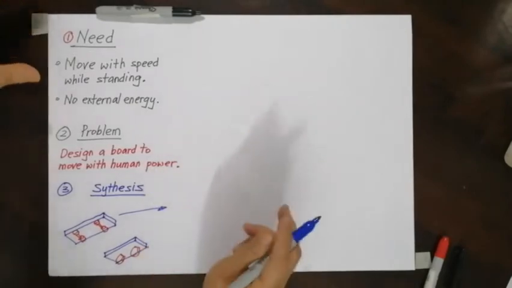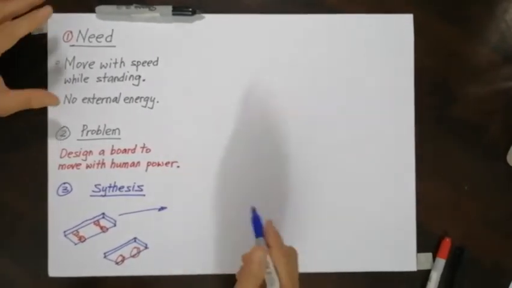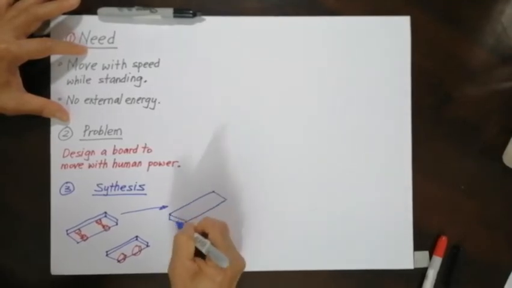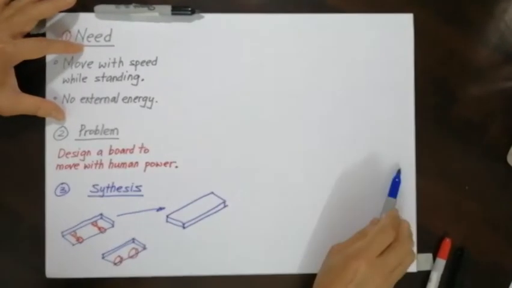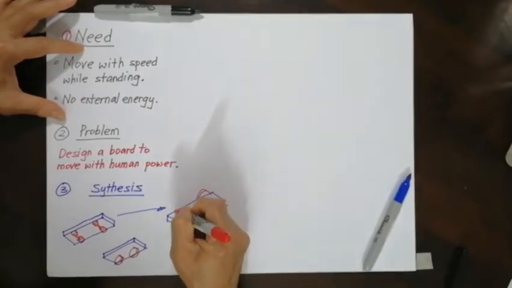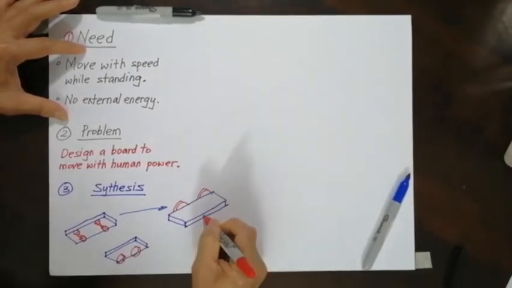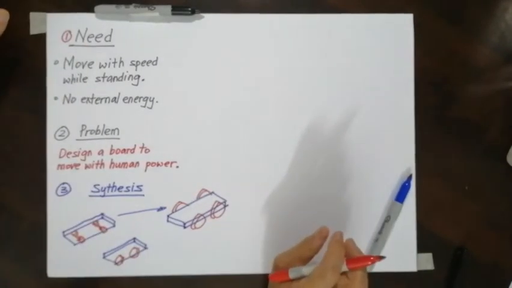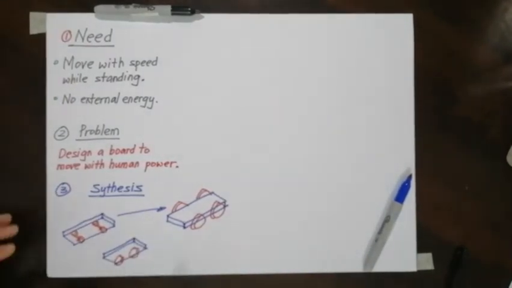Then I say, hey, why don't I have a bigger wheel? So I would think of it this way. A board and bigger wheels. So maybe that big. So this phase is called the synthesis phase.